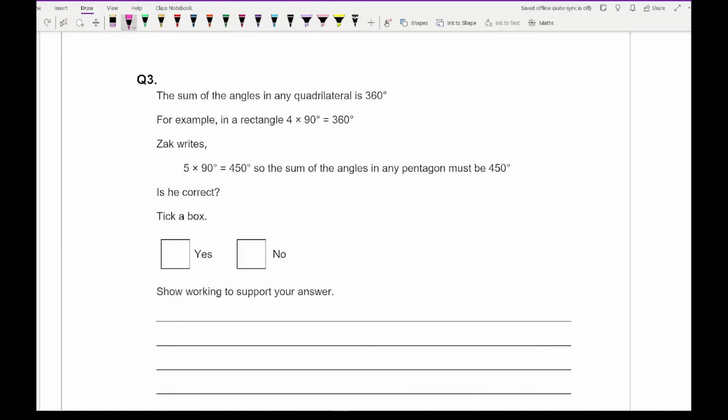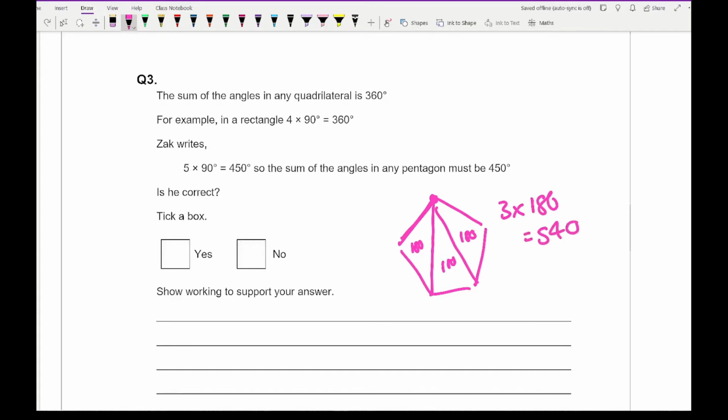Is he correct? So again, if we just do a little sketch of a 5-sided shape and draw a dot at one point and then draw a line going to each of the points, you can see here that in a pentagon, it's going to be 3 times 180, and 3 times 180 is 540. So is that correct?